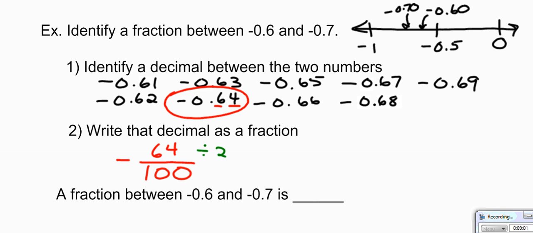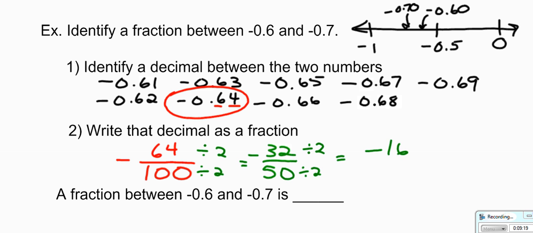So we're going to divide by 2, and we get 32 over 50, and it's still negative. Again, I hope you realize that both values are even, so we're going to divide by 2 again. And we get negative 16 over 25.